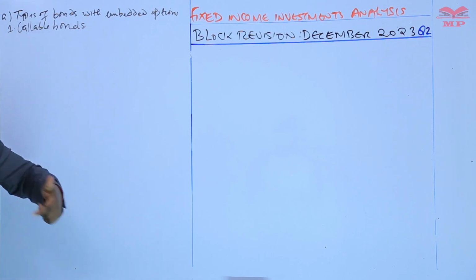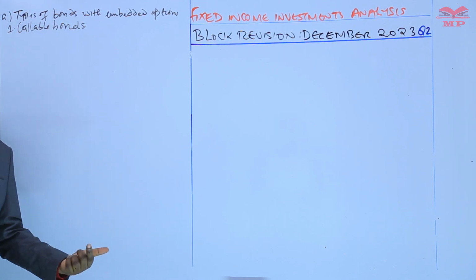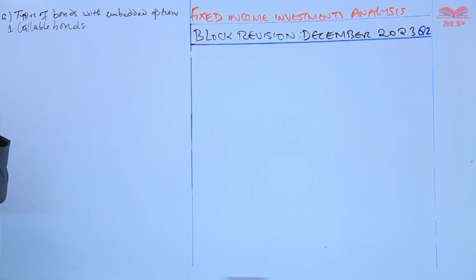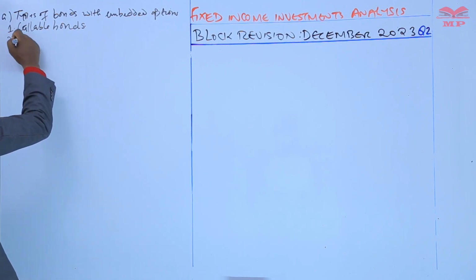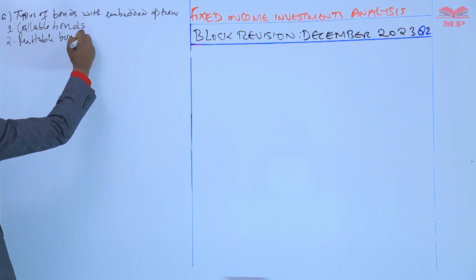And that can be beneficial for the issuer if interest rates fall and they can reissue the debt at a lower cost.